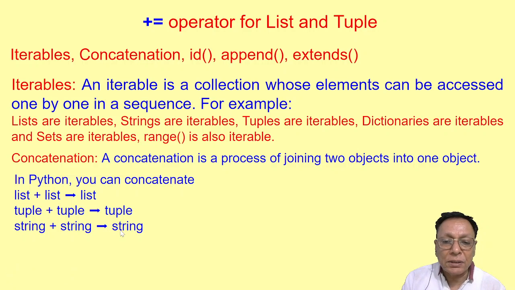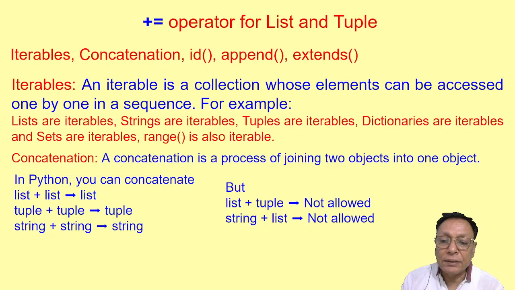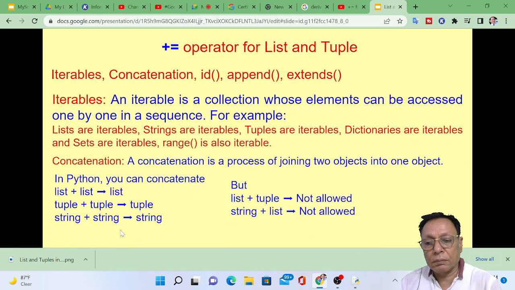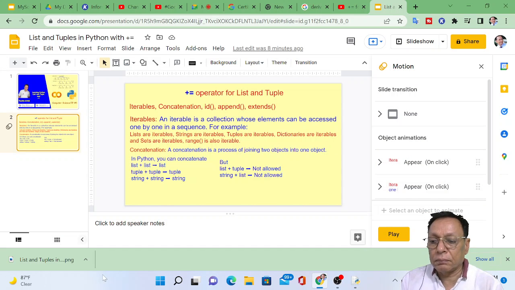So these types can be involved in concatenation. But if you concatenate a list with a tuple, it is not allowed. If you concatenate a string with a list, this will also not be allowed. So let's do the practical on Python.